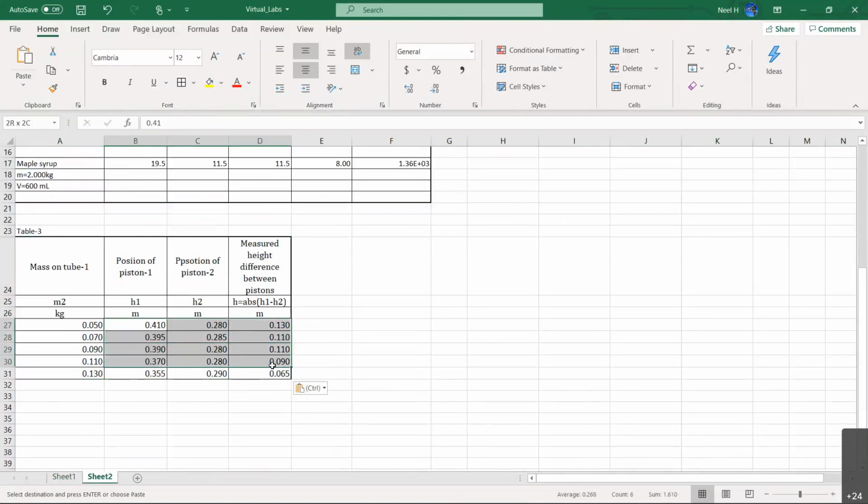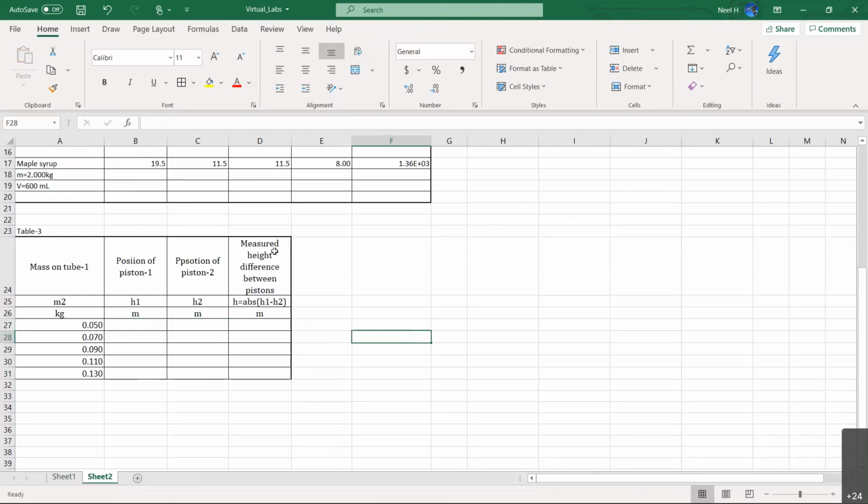You don't have all this information already there, so you have to create the table accordingly. Since I have the table, I just copy paste that. The mass of the tube 1, we're going to start from 50 grams, and 50 grams in kilograms is about 0.05. Remember, it's SI units.